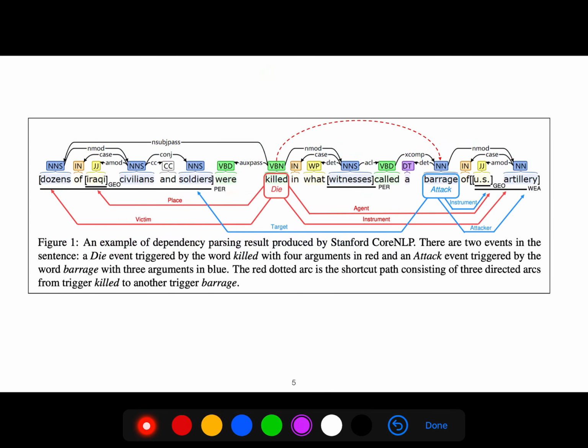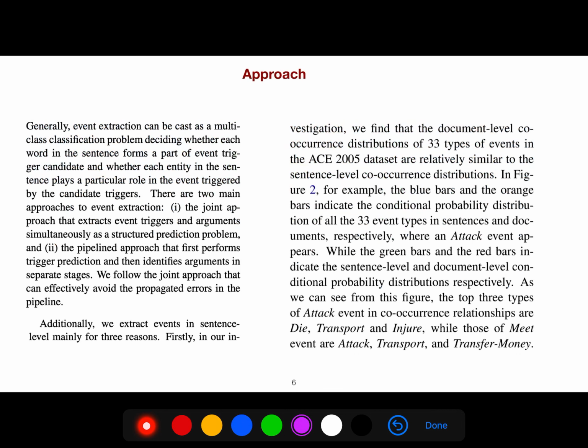This is an example of dependency parsing that you can get for free using Stanford CoreNLP. There are two events in the sentence, a die event which is triggered by the word killed, and so the approach is that we extract events in the sentence for three reasons.